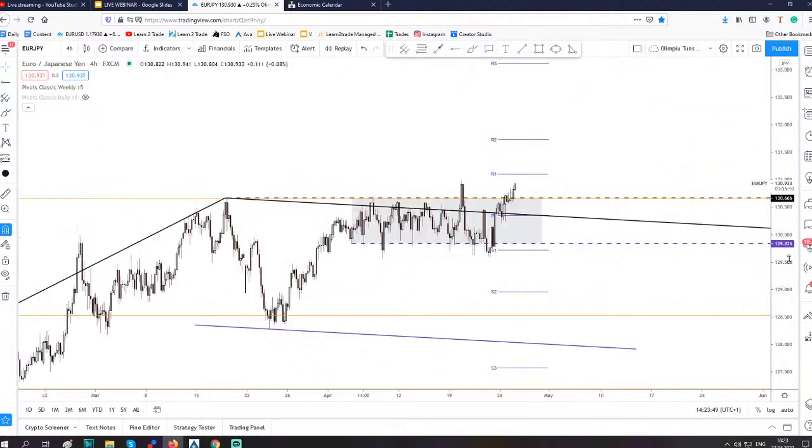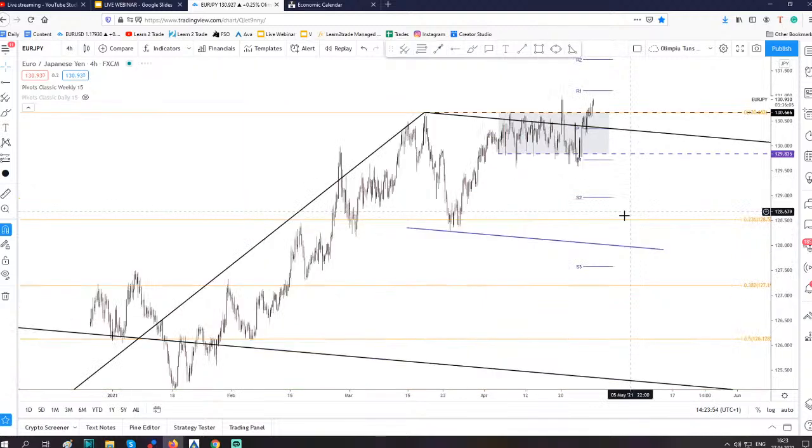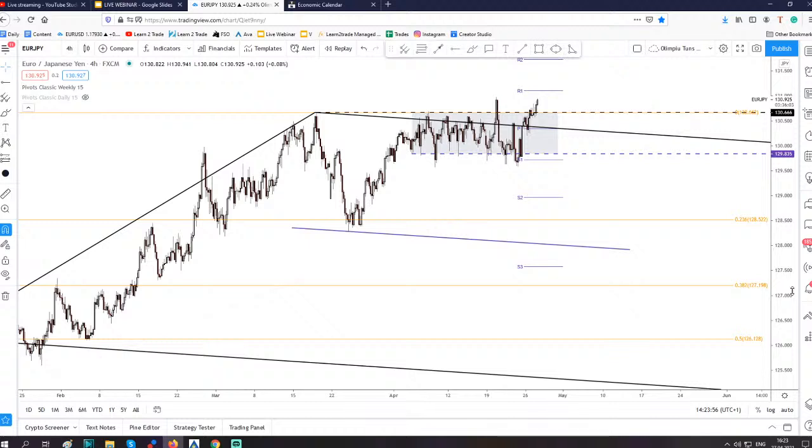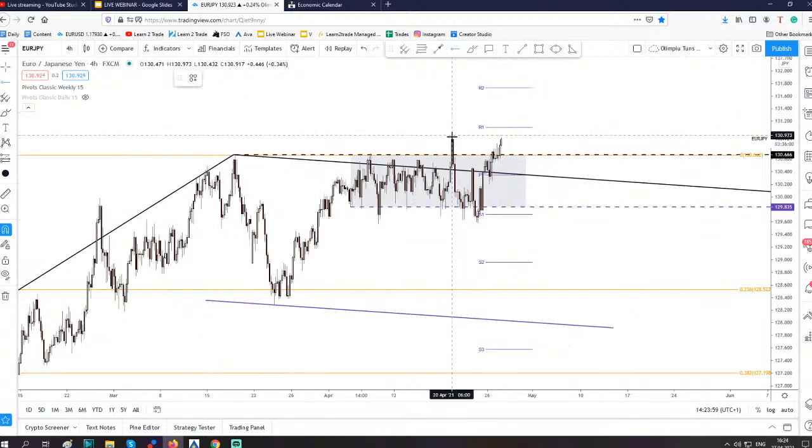So the bias is bullish. The price has escaped here from a descending pitchfork's body and is almost about to reach a fresh new high. Okay, so we had this consolidation here.